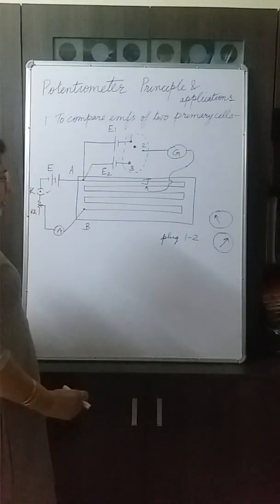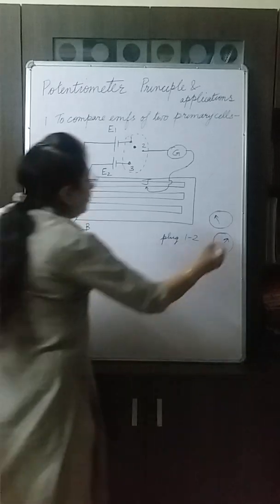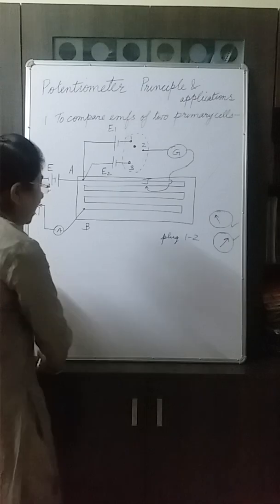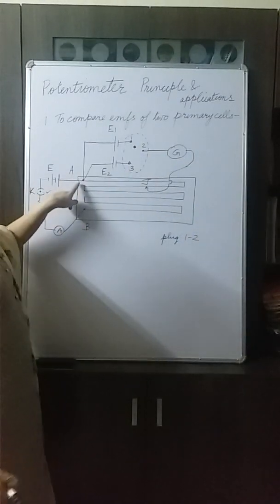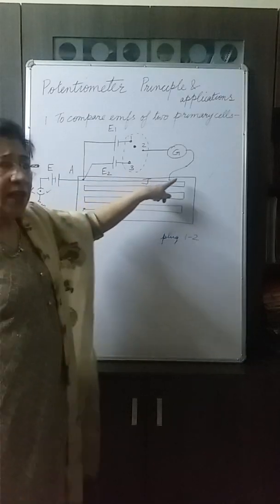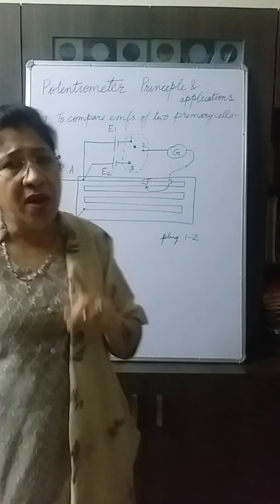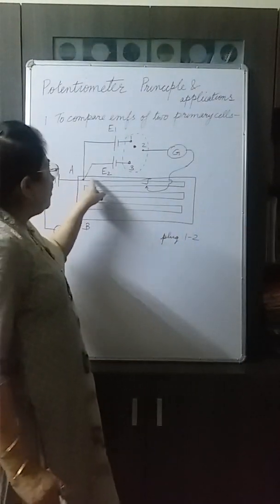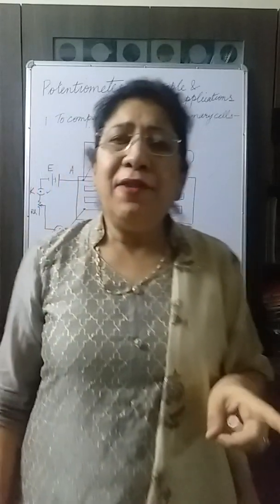After we have checked for opposite deflection at A and B, we can proceed with the experiment. Picking up the jockey, we start from A and slowly move along the length of the wire. Each section of the wire is 1 meter. You have to remember this. So we move along the wire, and at some point we will see that the deflection in the galvanometer is 0.